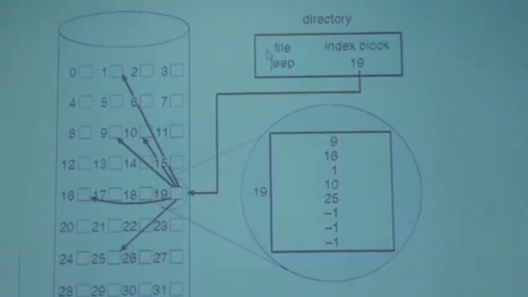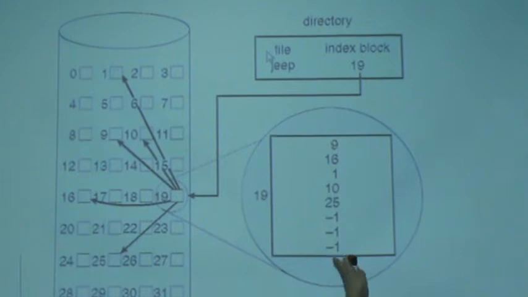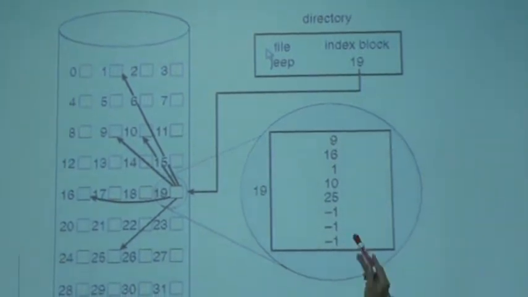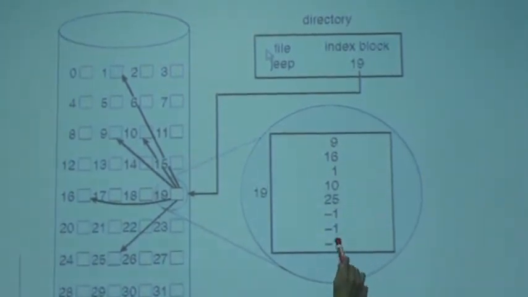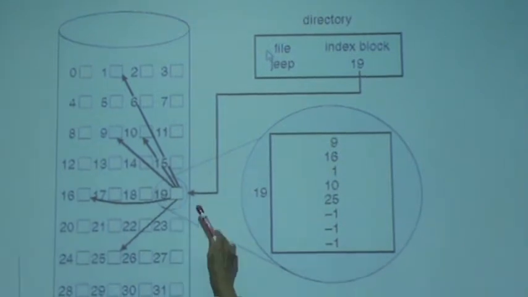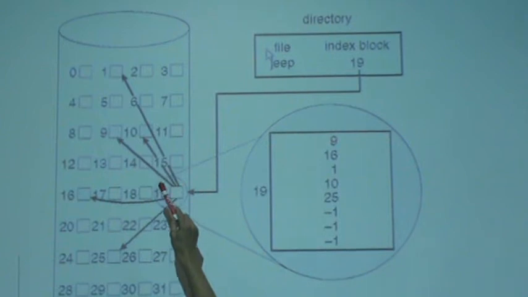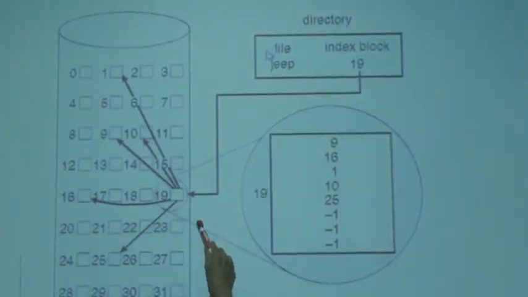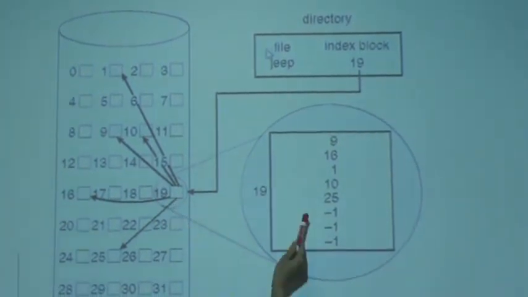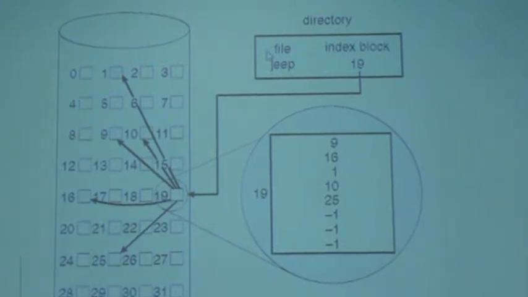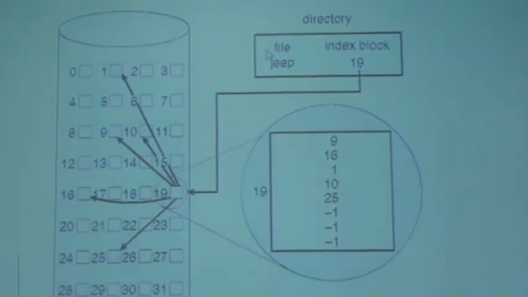Also, if needed, you can keep more data. However, this is a simplified index. It has 961, 10, 25, -1, and -1. We do not have the data. So block 9, and 16, and 1, and 10, 25. It can be used for random access.